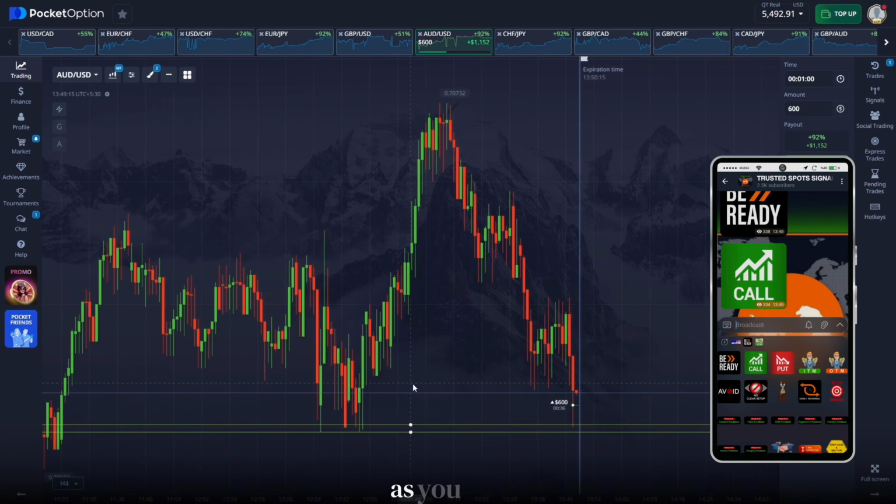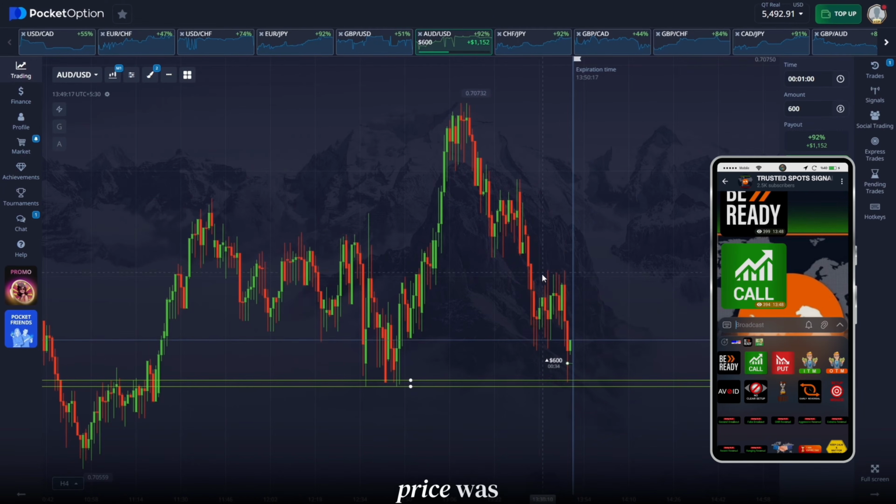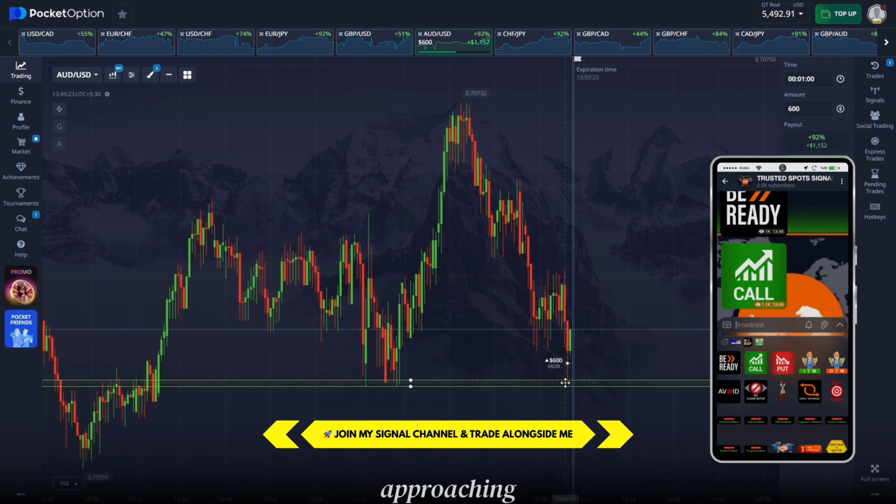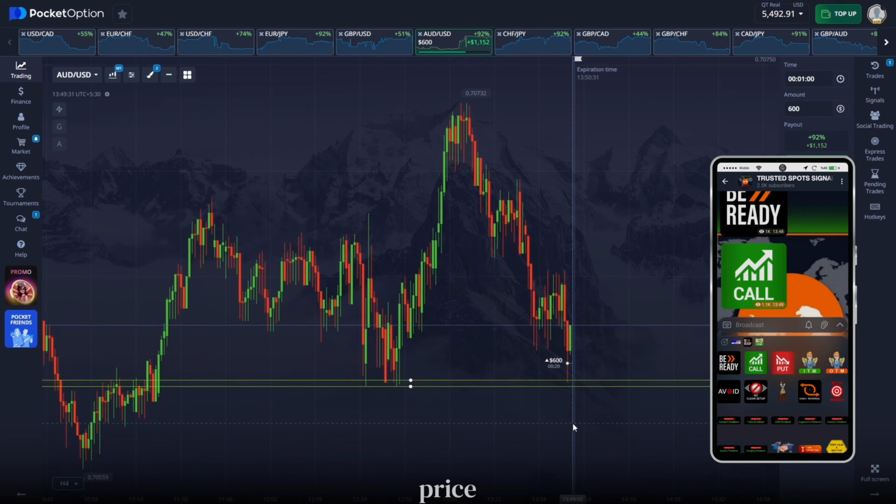In this case, as you can see, the price was moving here for a lot of time, and after that finally it goes down, and as it was approaching this zone, I was sure that it will reverse because this is a low volume, high volatile market, and in such cases the price usually respects support or resistance. In this case, I was using the support, so I was thinking that the price will reverse.